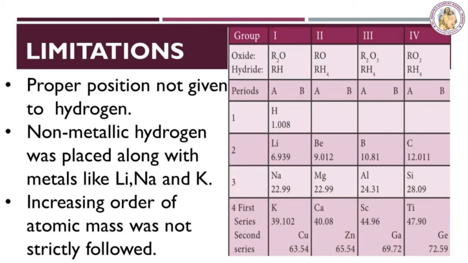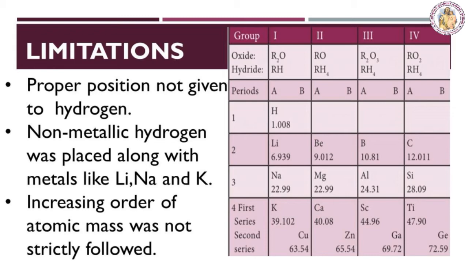No proper position could be given to the element hydrogen. Non-metallic hydrogen was placed along with metals like lithium, sodium and potassium. We can see in the table that non-metal hydrogen is placed along with metals like lithium, sodium and potassium.